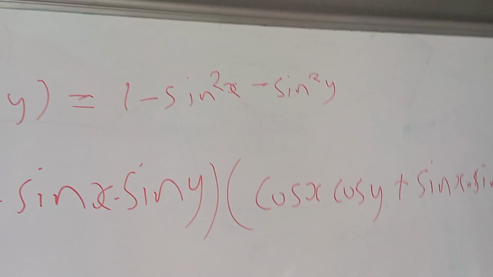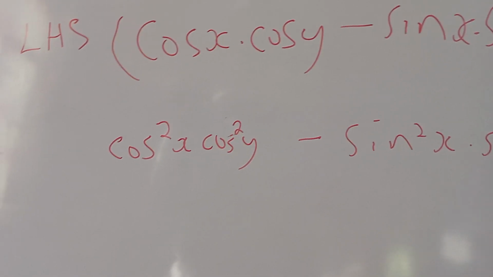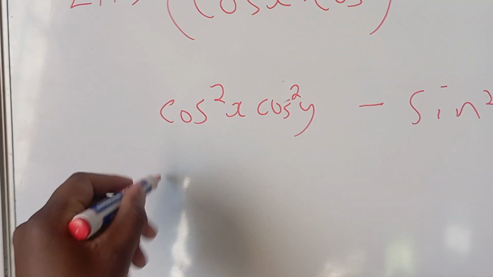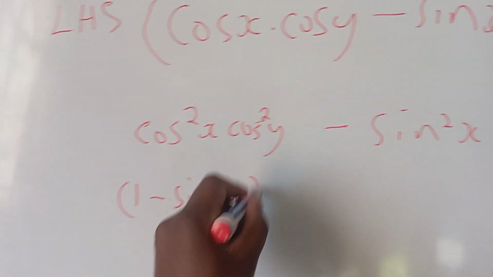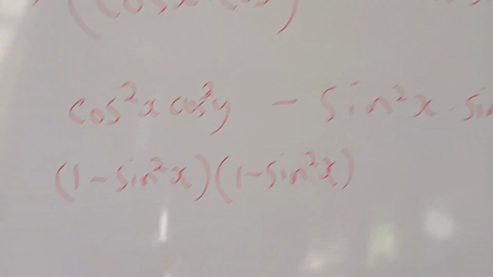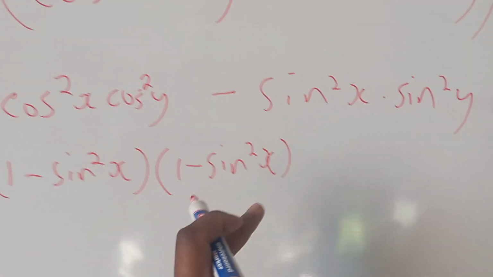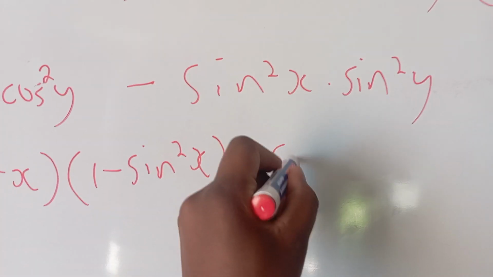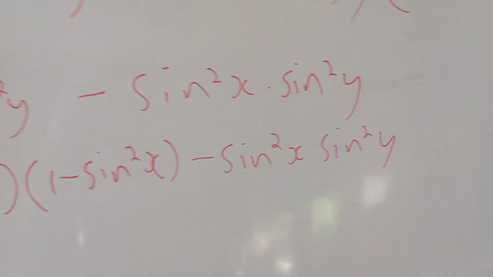But we know that we want our answer in the form of 1 minus sine squared x minus sine squared y. So we know that in our identities, cos squared x is the same as 1 minus sine squared x. We'll convert both cos squared x into 1 minus sine squared x, and then it's minus sine squared x, sine squared y.